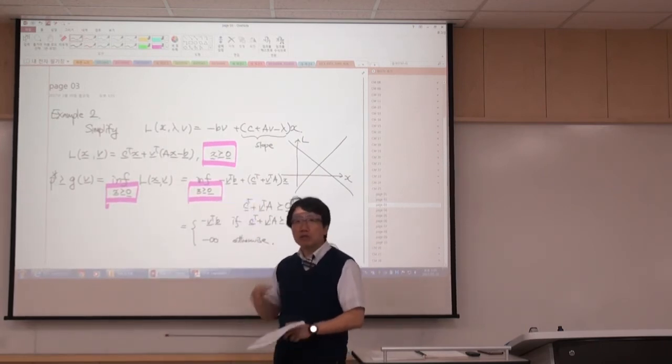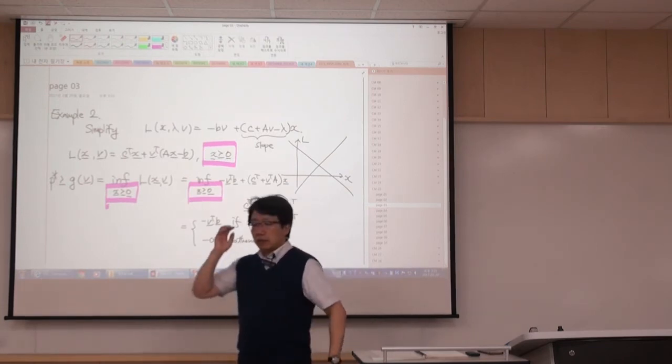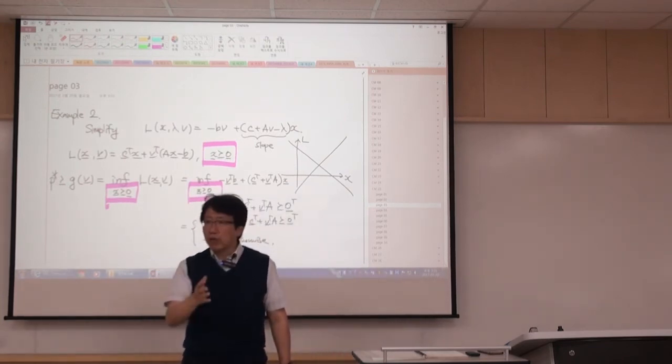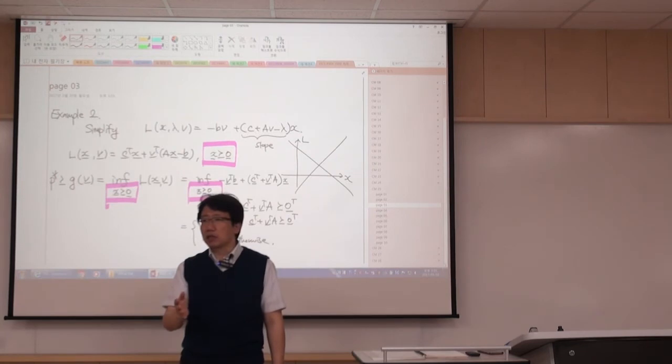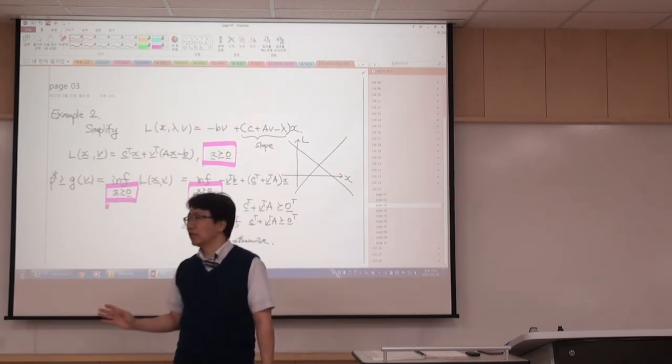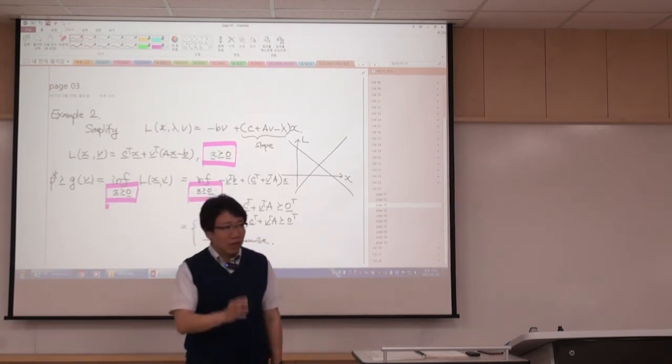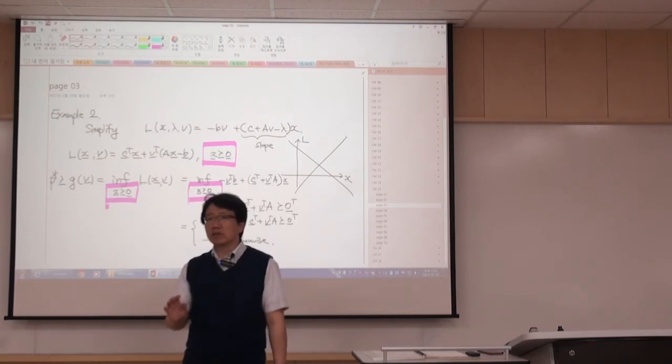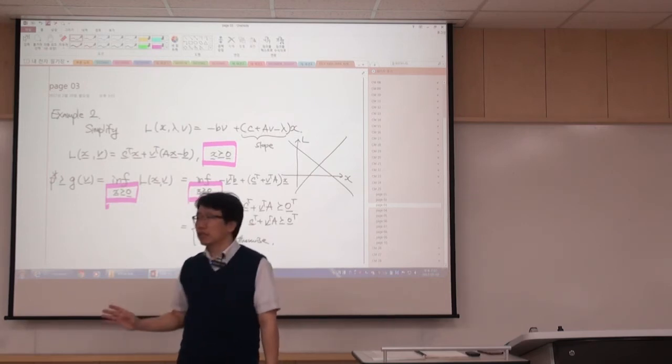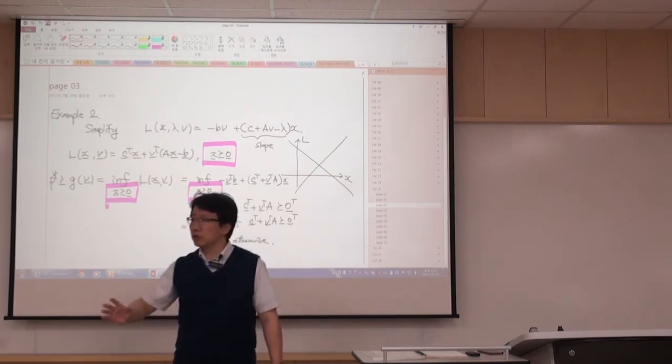So what I want to say is this. Formulating the Lagrangian is not unique. Deriving the Lagrange dual function is not unique. It's all up to you.